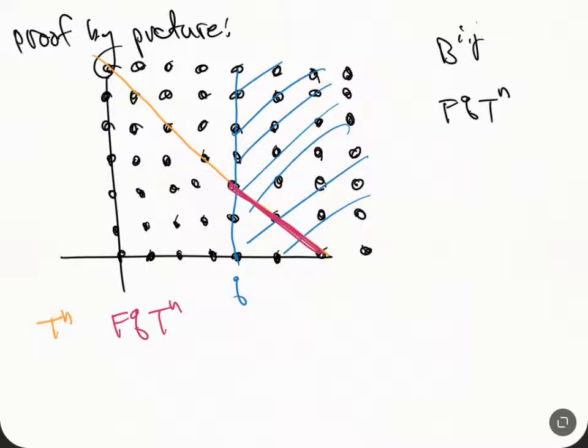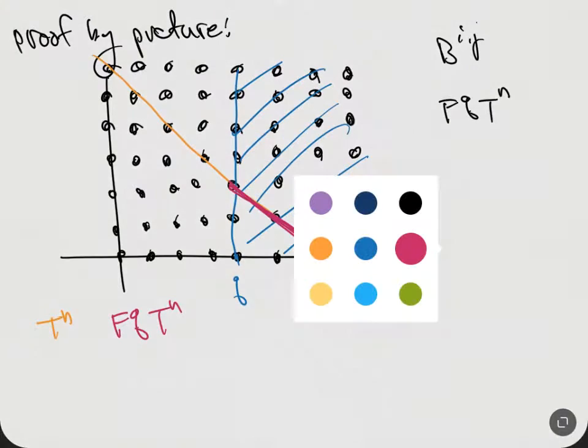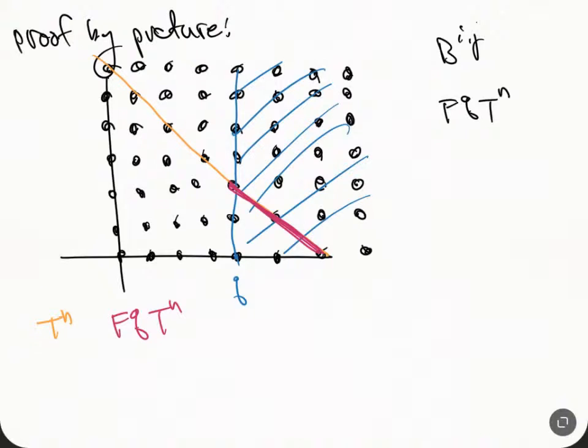And then we can look at F_{q+1} of T_n. So let's do purple. F_{q+1} of T_n, so q plus 1 is here. So what this is, it'll be just this piece here.